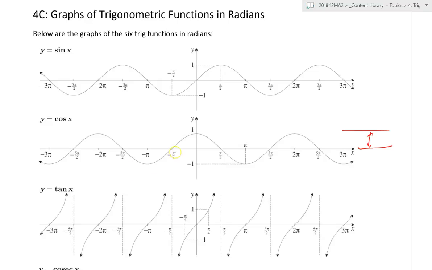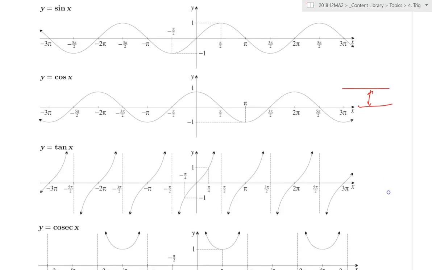The amplitude is how far from that centre line the function manages to get. We can't describe the amplitude of tan, because it increases infinitely up here and down there. So we could almost say that it has an amplitude of infinity, but really amplitude is only for waves, where it wobbles back and forth.